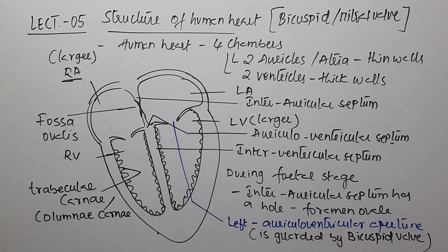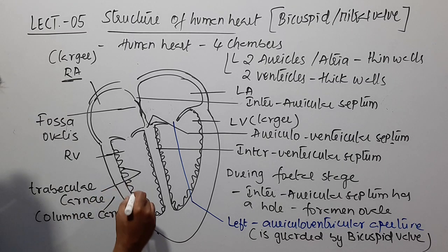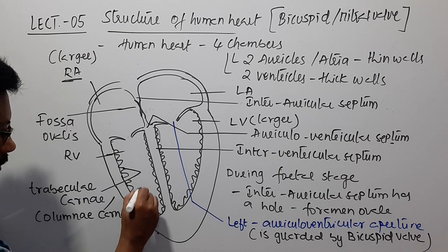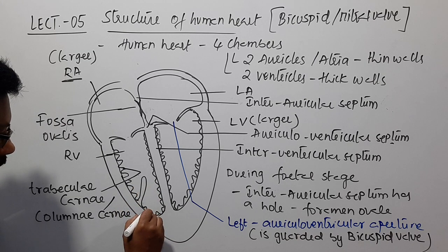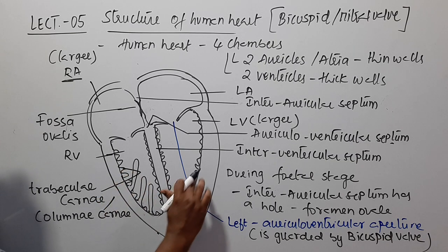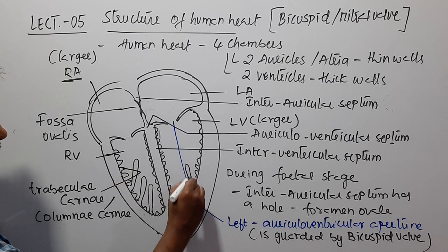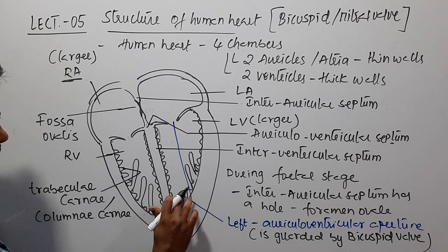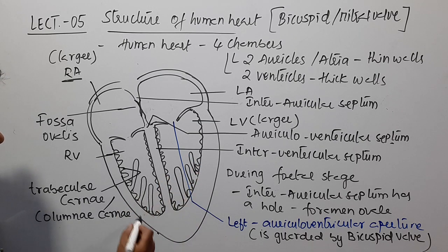Some of these are much bigger and longer, and those are called the papillary muscles. You will find them in both the ventricles.